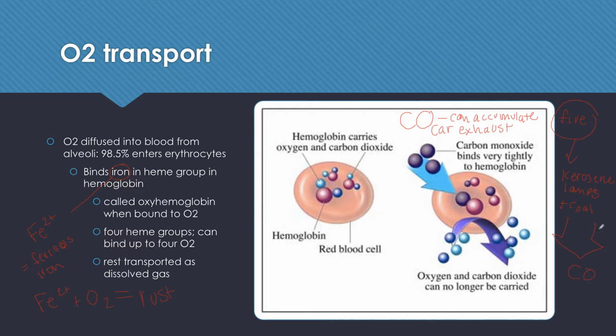So in the winter, when homes were shut tightly up against the cold, not a lot of air exchange moving around in the house, and so the carbon monoxide from these lamps and from this coal tended to build up in the atmosphere.